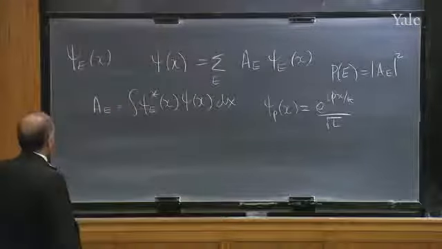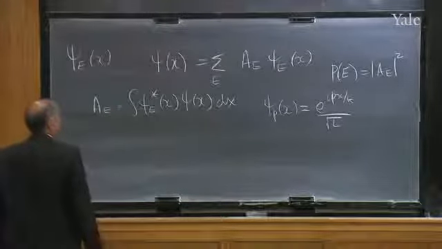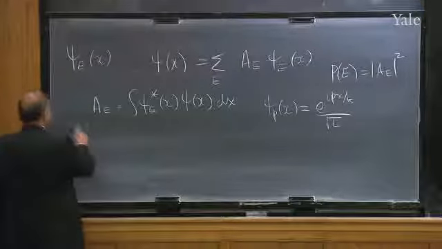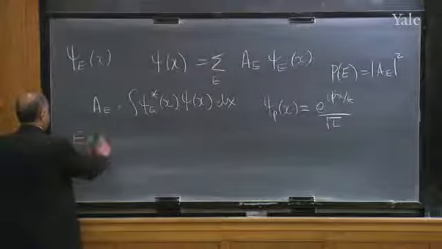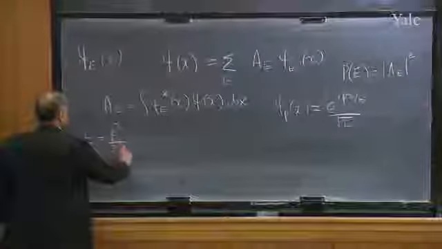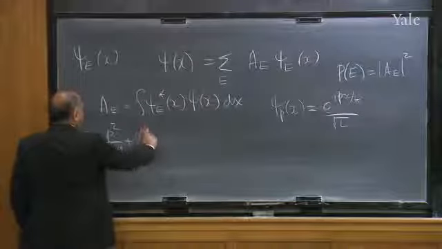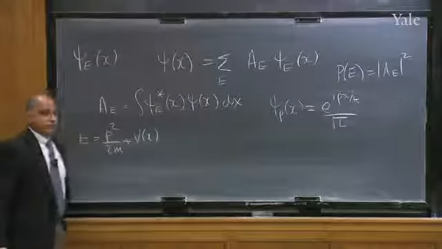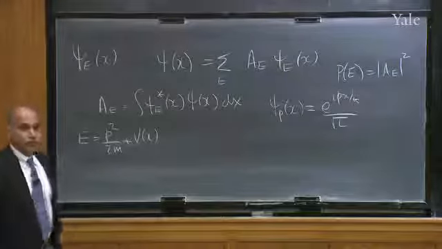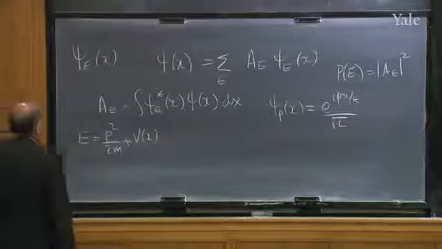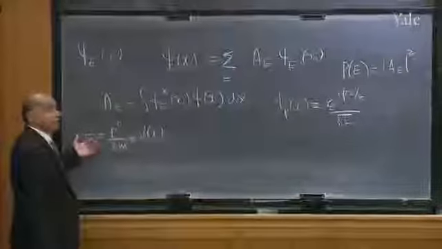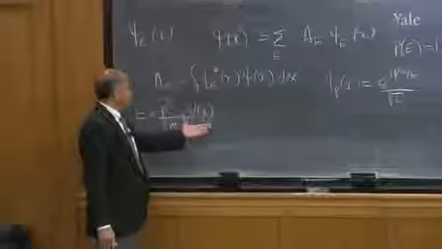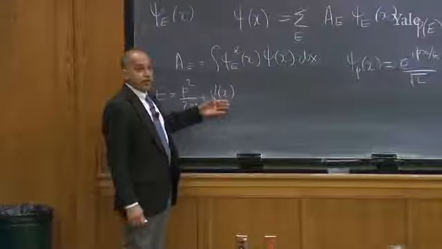Because the reason is that the functions of definite energy depend on what the energy is in classical mechanics. And in classical mechanics, the energy depends on the momentum and on the potential energy. That means on the position. Every problem has a different formula for E. If it's a harmonic oscillator, this will be 1/2 kx squared.